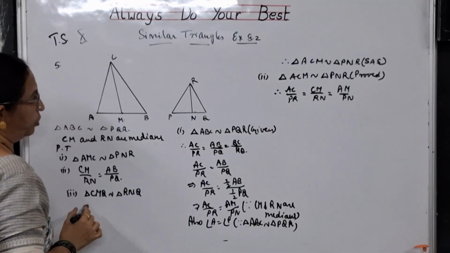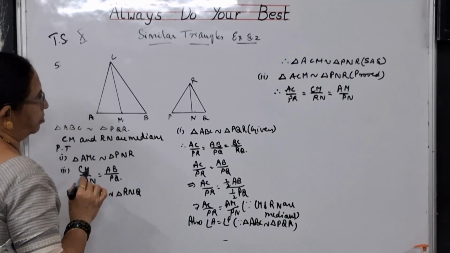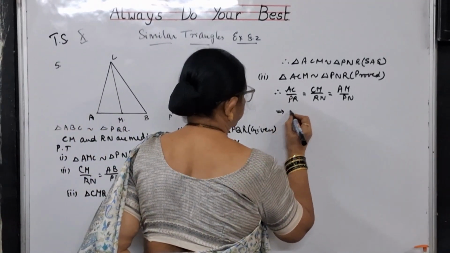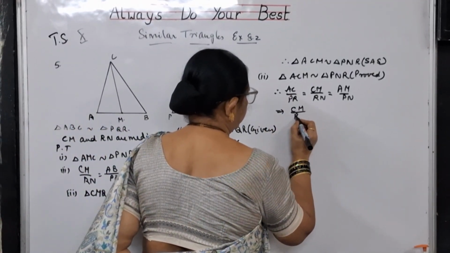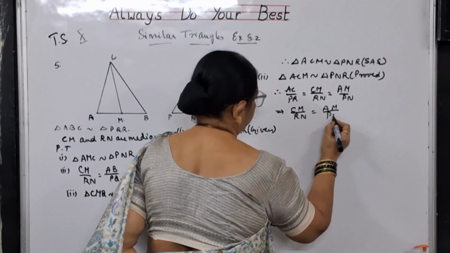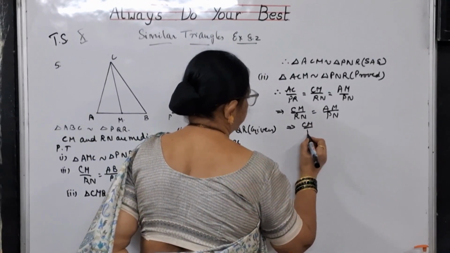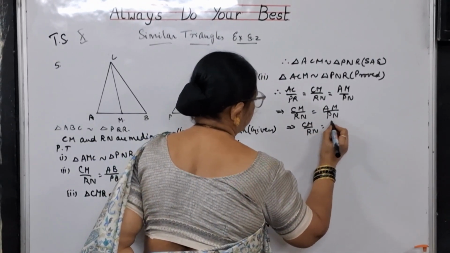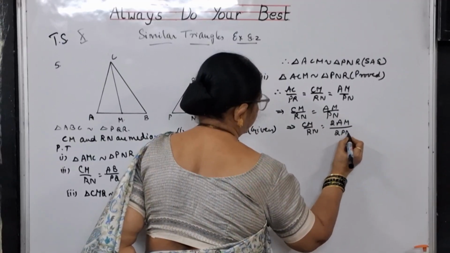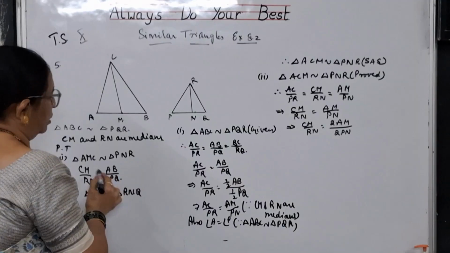Now, here we have to concentrate on CM by RN and AB by PQ. So CM by RN is equal to AM by PN. This also implies CM by RN is equal to 2 times AM by 2 times PN. Why am I writing this? Because I want AB.